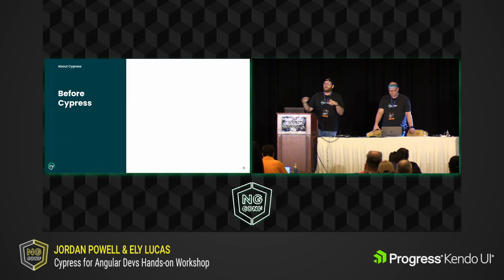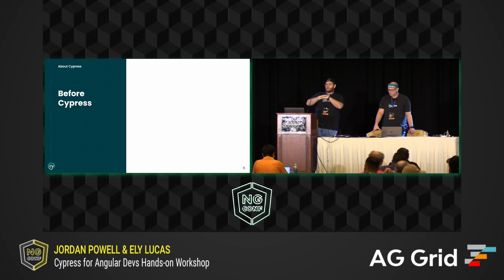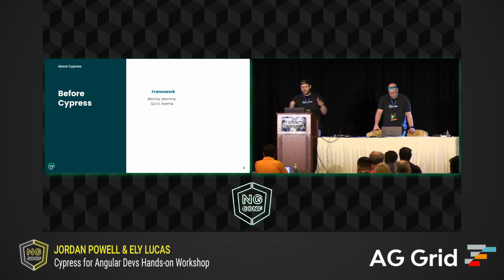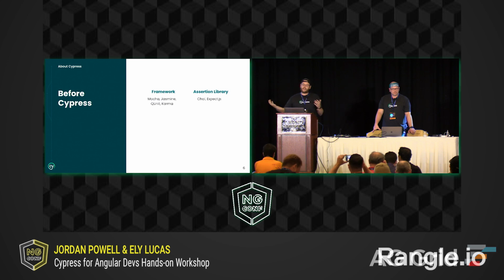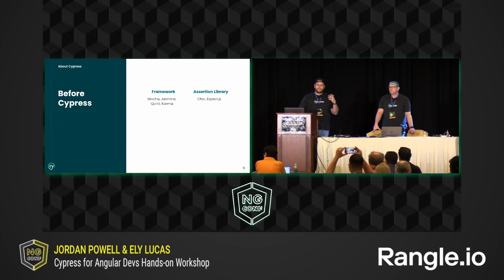For those of you who don't know, if you've ever had to do browser testing, end-to-end testing, things like that, before Cypress you had to make a lot of choices. One of those being you had to pick a framework, something like Mocha, Jasmine, QUnit, or Karma. You then had to pick an assertion library. Do I want to use Chai? Maybe I want to use Expect.js, something like that. And then you need a Selenium wrapper.